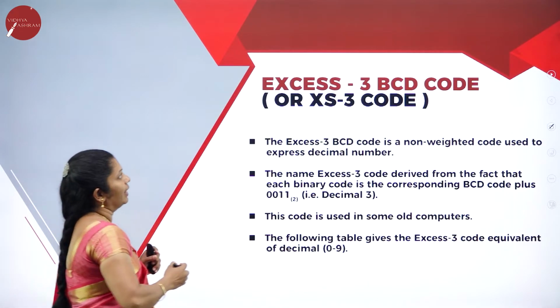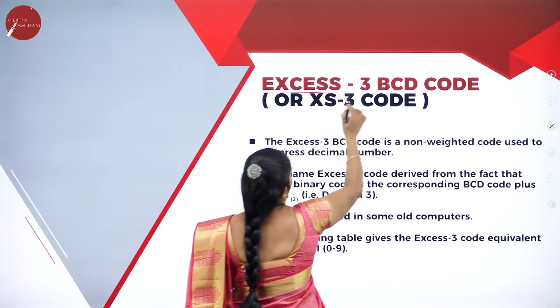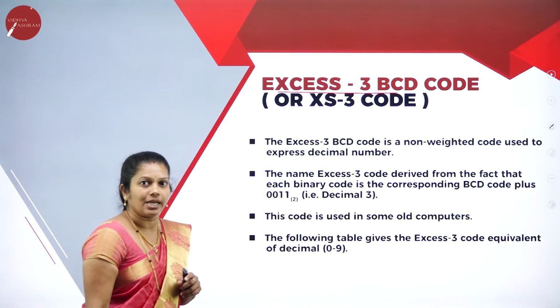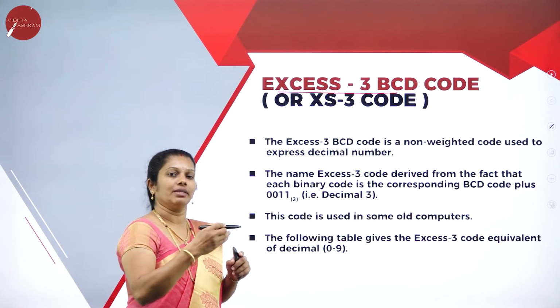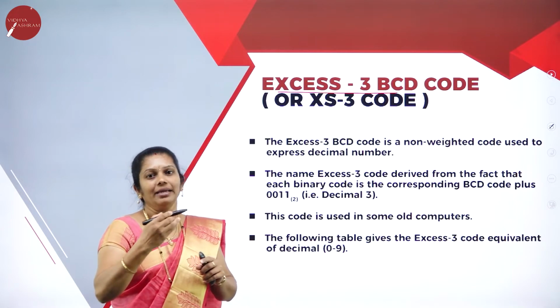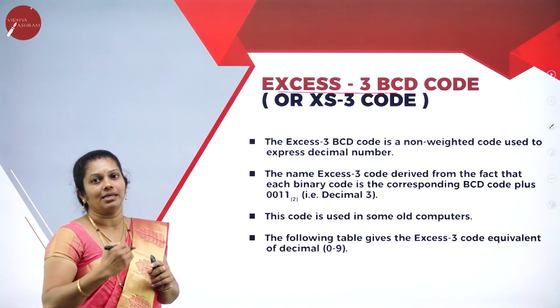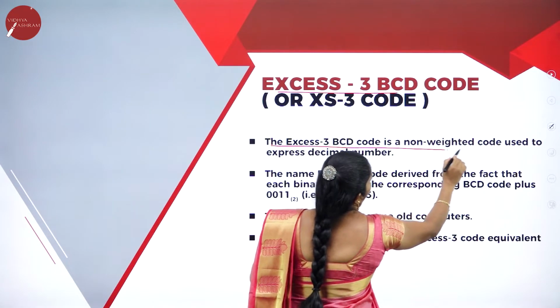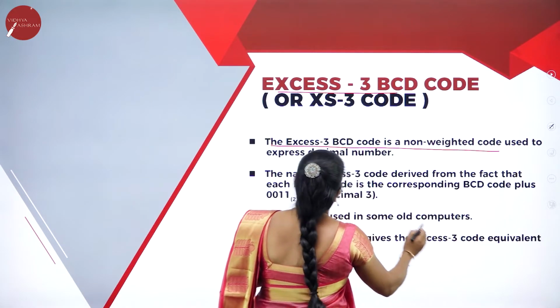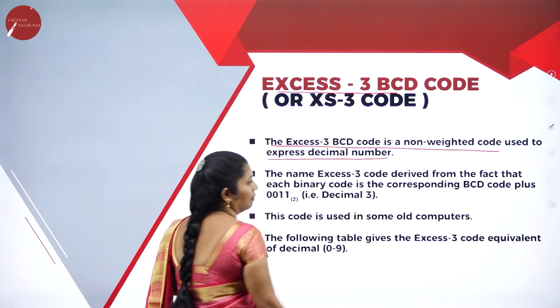Next, we will explain the XS3 BCD code. What do you mean by XS3? Whatever digit we have, by adding 3, we can get the code value. The XS3 BCD code is a non-weighted code used to express decimal numbers.